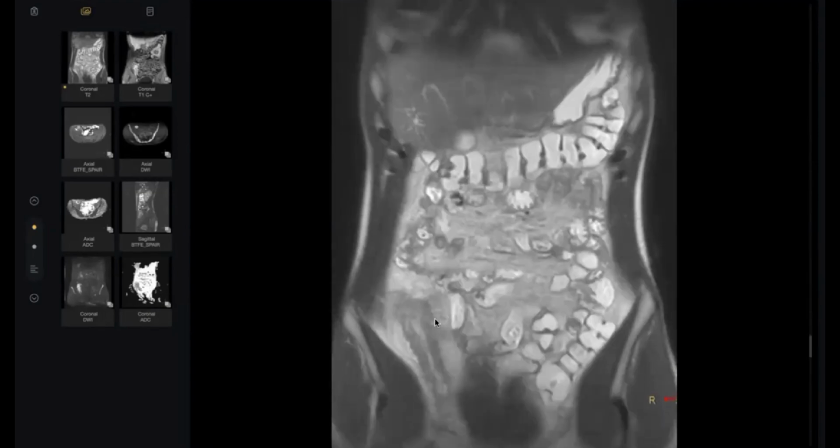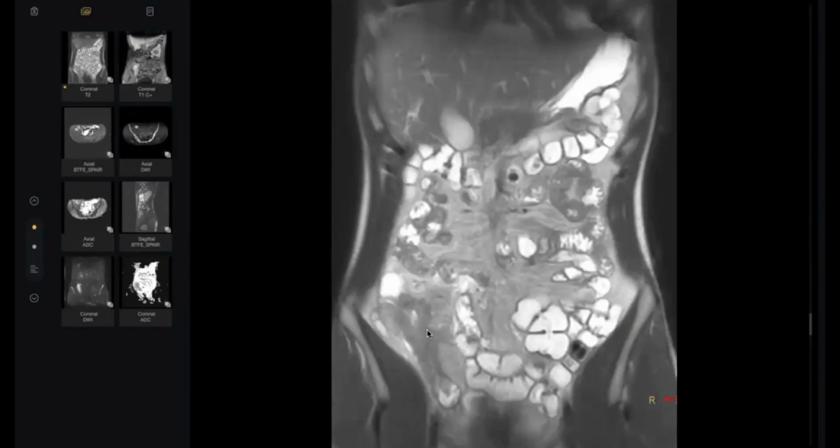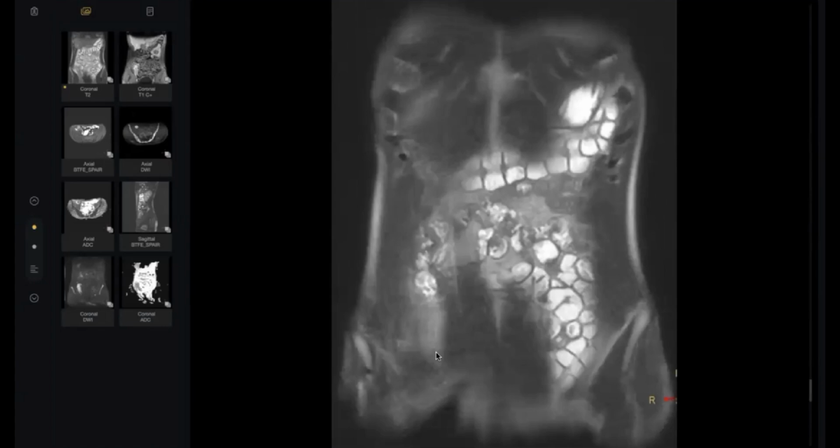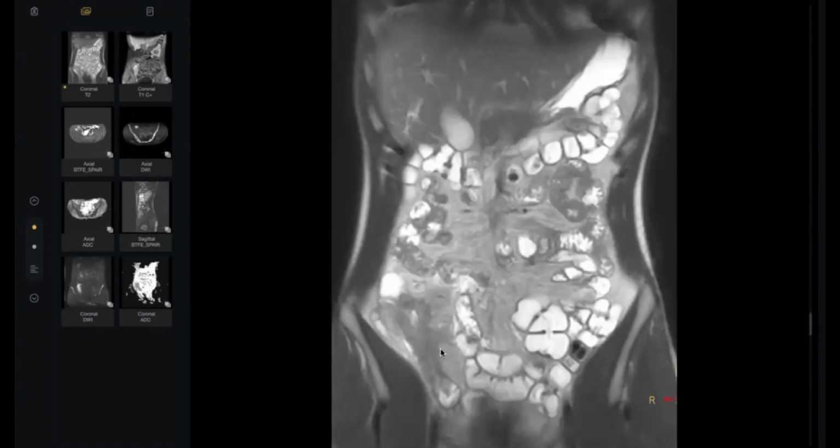Okay, sir. Right over here, there is a diffuse area of thickening involving the terminal ileum, and also it is extending into the ileocecal region. There is also infiltration of these abnormal signal intensity areas, some also involving the mesentery adjacent to the terminal ileum.